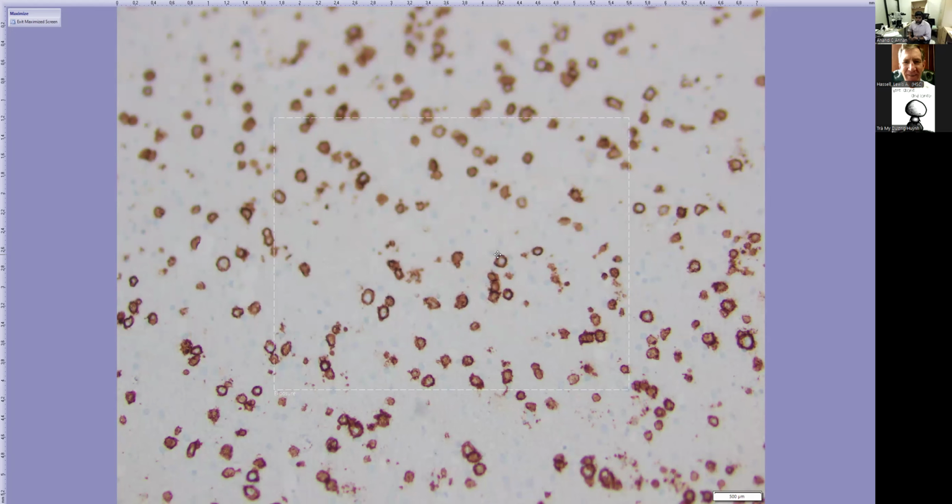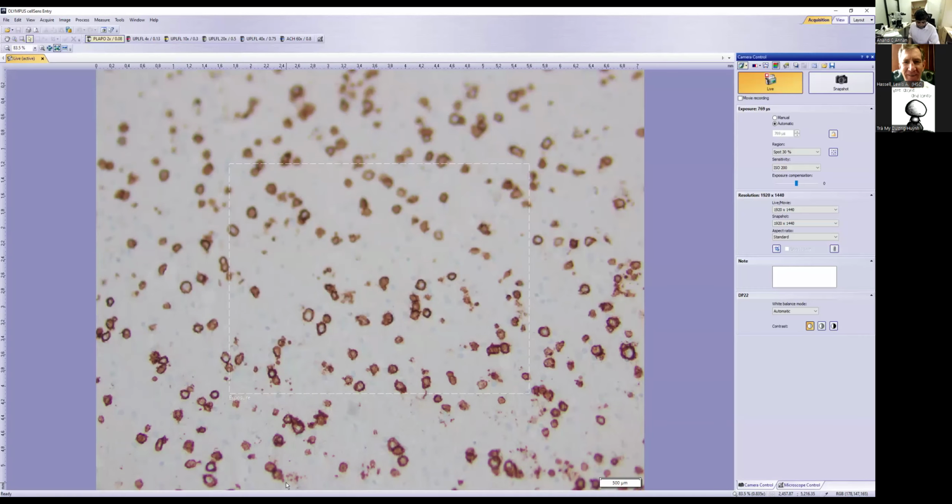So I was hoping that one, if not both, would be positive, so it would make my life easier to sign this case out. And luckily, this case did turn out positive for immunoglobulin heavy chain gene rearrangement as well as MyD88.